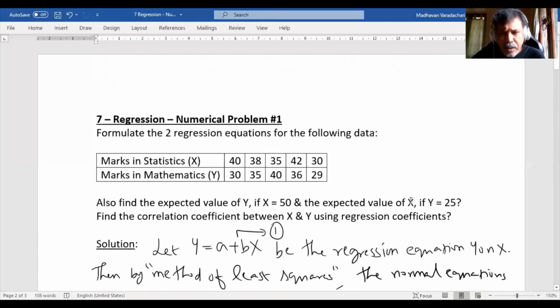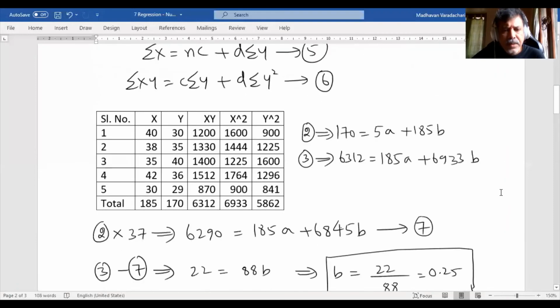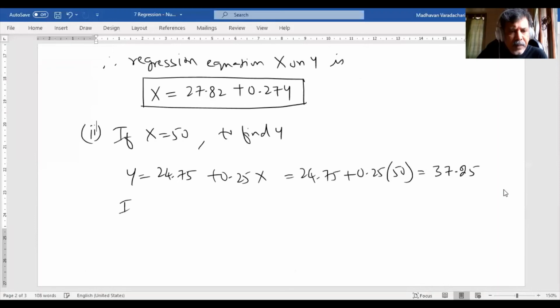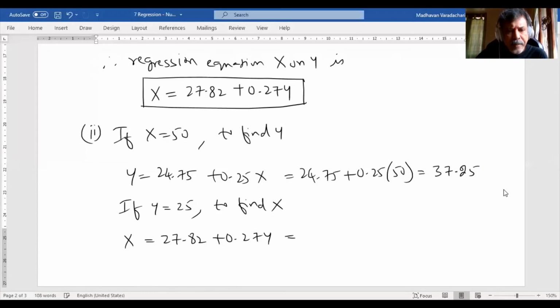Then another part of the question is, what is the expected value of x if y is equal to 25? So if y equal to 25, find x. For that we will use the x on y equation. The x on y equation is x is equal to 27.82 plus 0.27 times y, which means 27.82 plus 0.27 times 25.